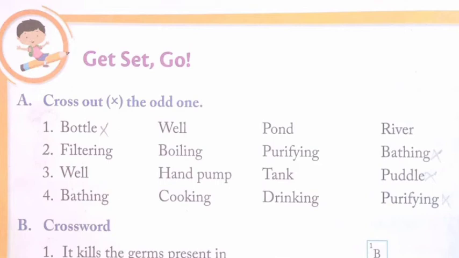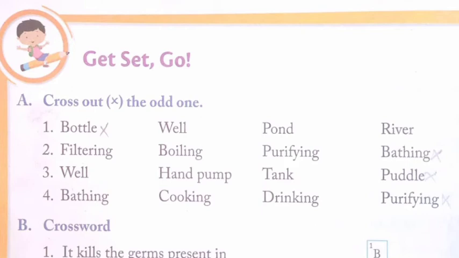Number 2: filtering, boiling, purifying, and bathing. Filtering, boiling, and purifying are associated with cleaning the water, but bathing is the use of water. So we put a cross mark in front of bathing.